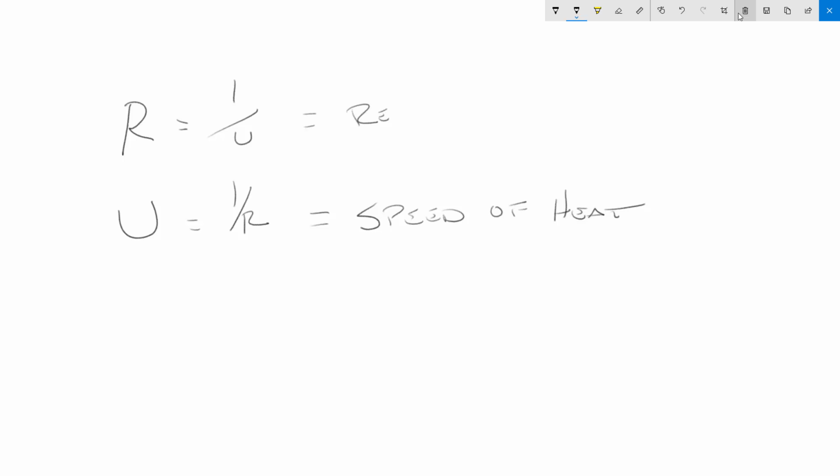R is equal to 1/U. U is equal to 1/R. Remember that the U is the speed of heat through a material. The R is the resistance.